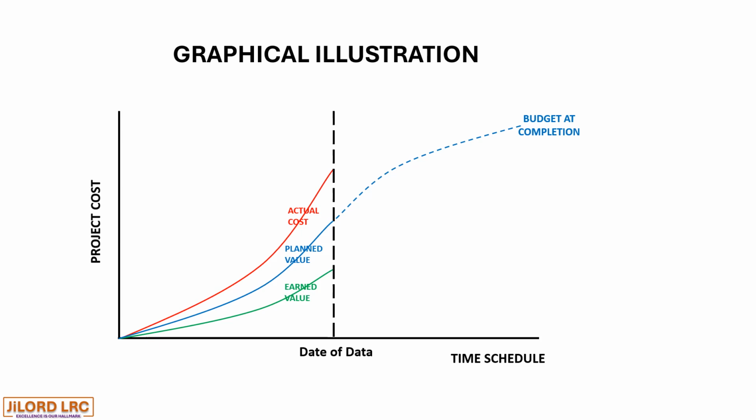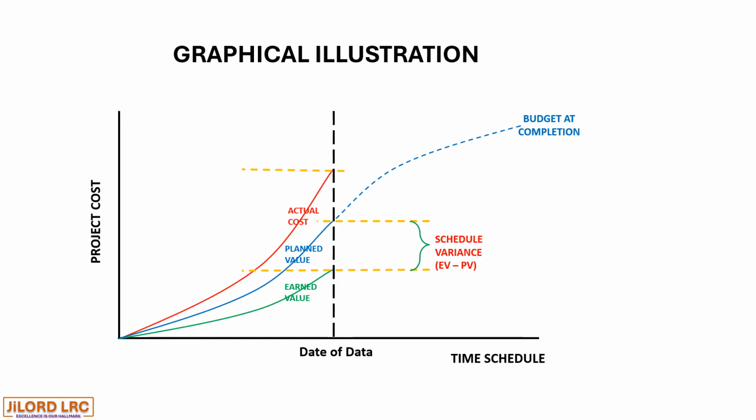So how do we determine the cost variance and the schedule variance? At these points, the schedule variance can be determined by picking the value at the date of the data for earned value and the value for the planned value.